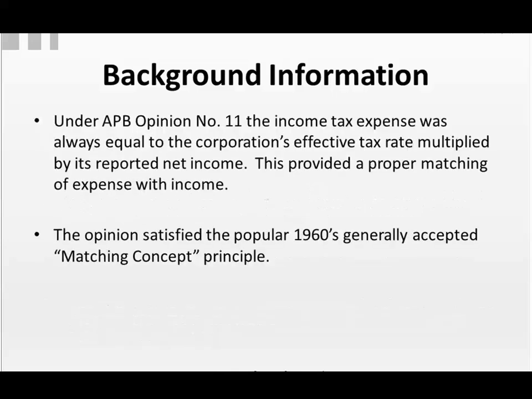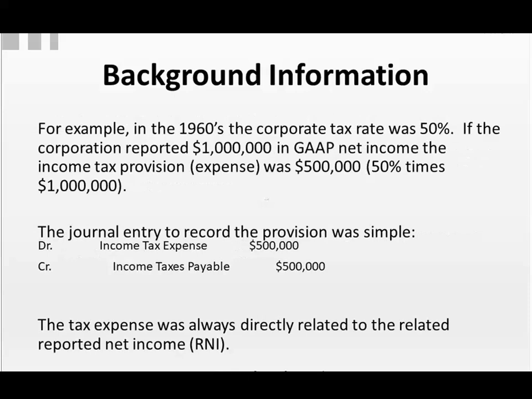So under that APB 11, the expense was always equal to the corporate effective tax rate times the reported net income. And that supposedly gave a proper matching, of course, with revenues. And it honored the famous 1960s matching concept principle that we had in generally accepted accounting principles. I'll give you a little baby example here. In 1960, the corporate rate was 50%, and we all lived pretty well with that.